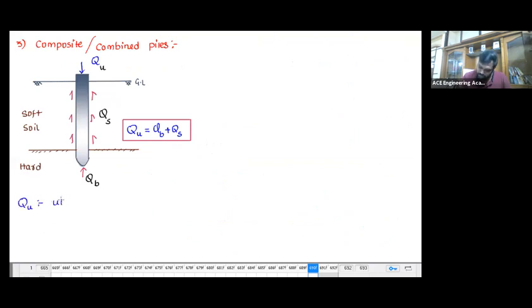QU is the ultimate load carrying capacity of pile. QB is the unit end or point bearing resistance.